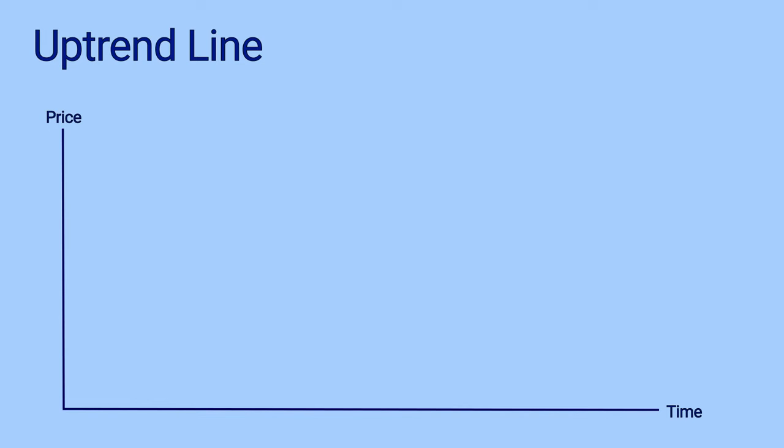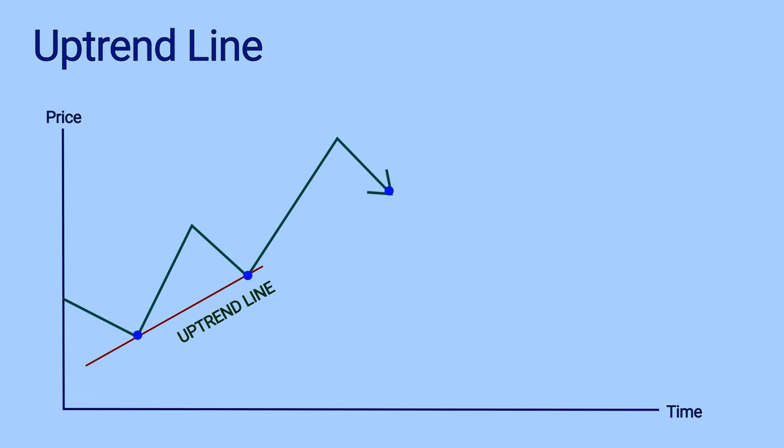When in the uptrend we see the price pulling back after some kind of up move, then from a particular point the price moves higher, and then on the second pullback the price makes a new low. Joining these two points we make a trend line. Now a trend line is formed.